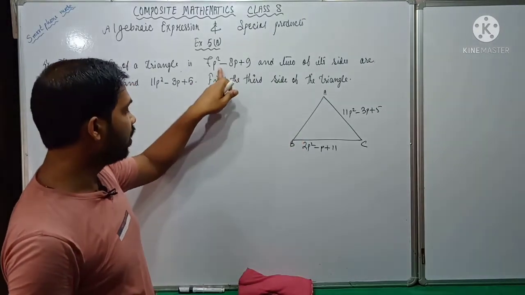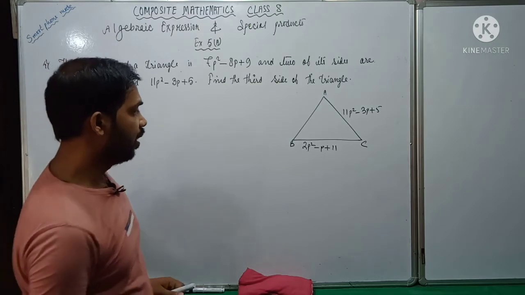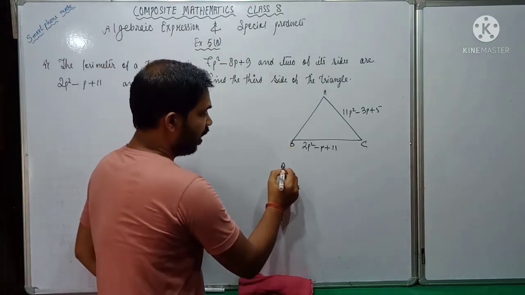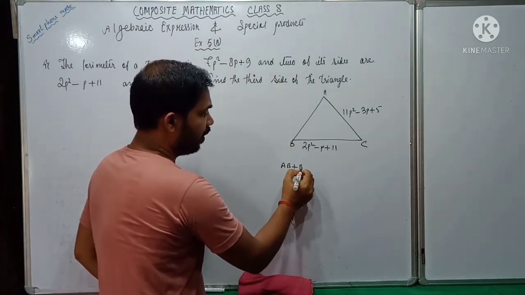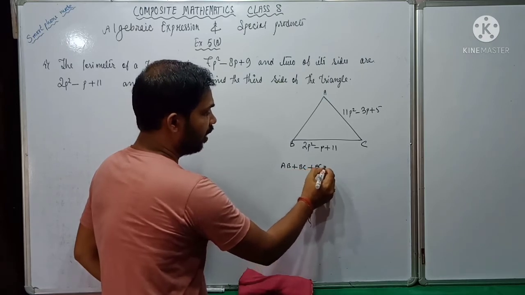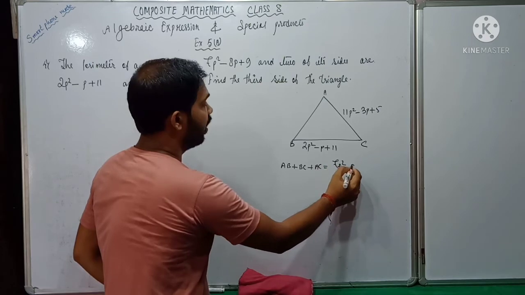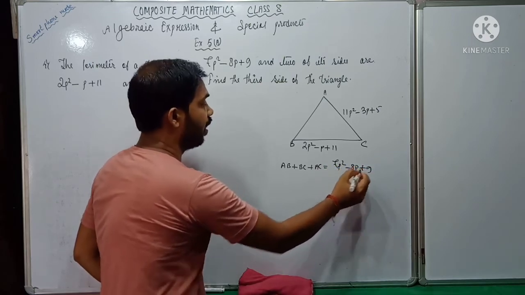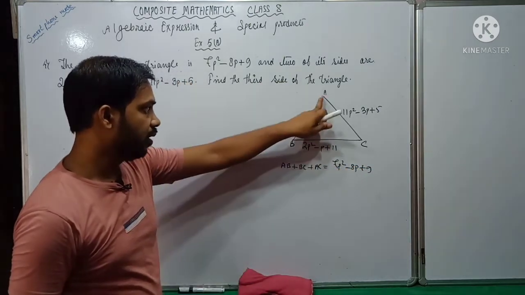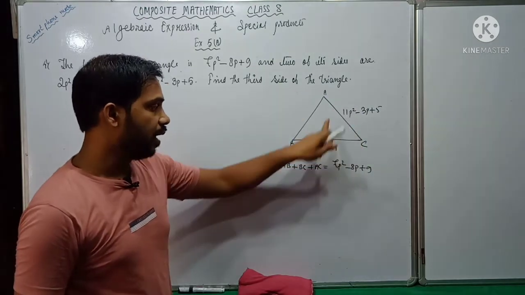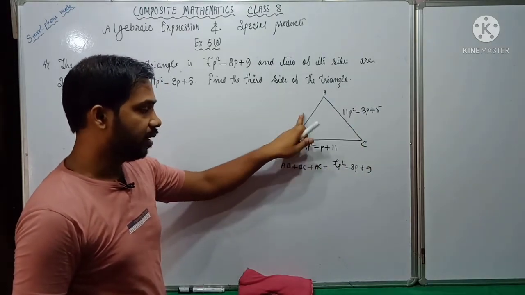Now again what value is given, you see the sum of the sides is given. So sum of the sides means AB plus BC plus AC is equal to, how much is given, you see, 7p square minus 8p plus 9. So this is given, that means the whole sum of the sides is given, so you have to find the third side.